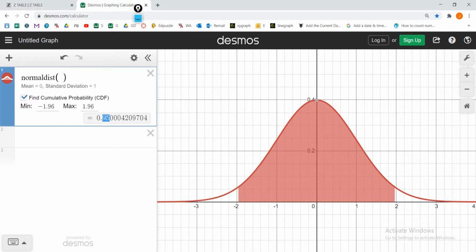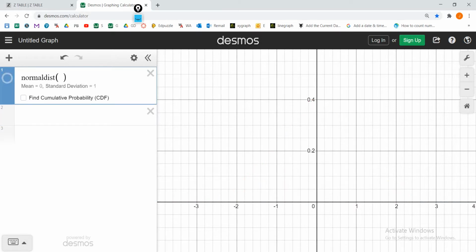To find this, we have to type in inverse CDF, the messiest command. CDF stands for cumulative probability function, or cumulative density function.